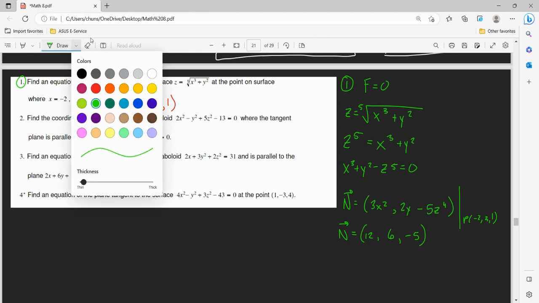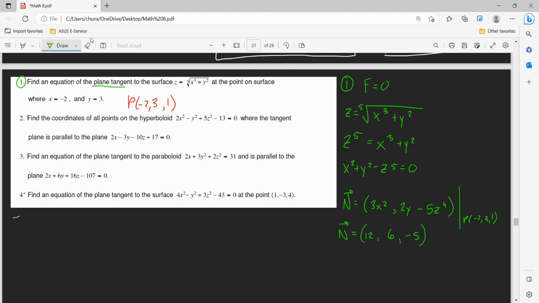Okay, so now to find our tangent plane, you guys already know the drill. This is x, y, and z dot the normal vector we just found, so that's 12, 6, and -5. And this is equal to our point, so this is -2, 3, and 1, dot 12, 6, -5.